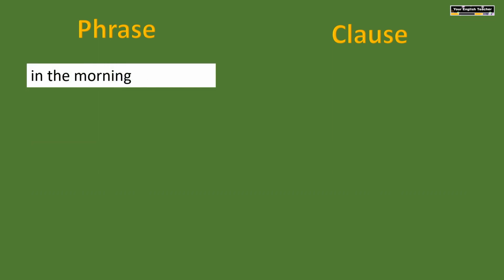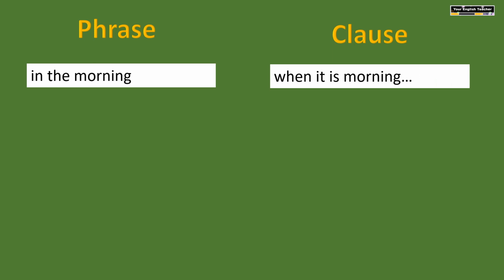See this example. In the morning. There is no verb and it all refers to morning. So it's a phrase. To make it a clause, we need to add a verb. If you add a verb, it becomes like this: when it is morning. In the morning becomes when it is morning.